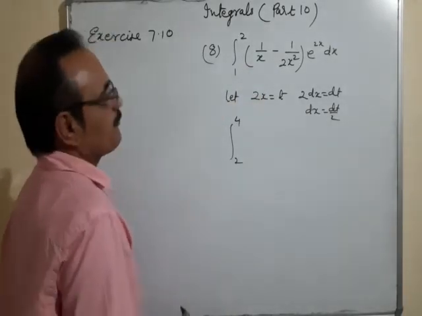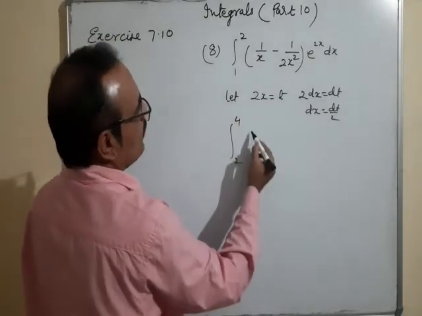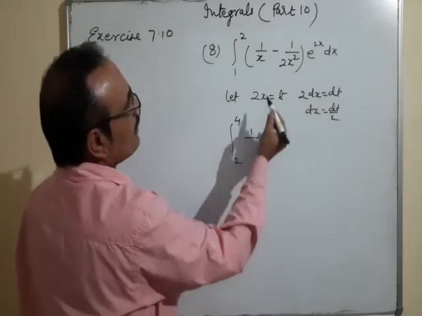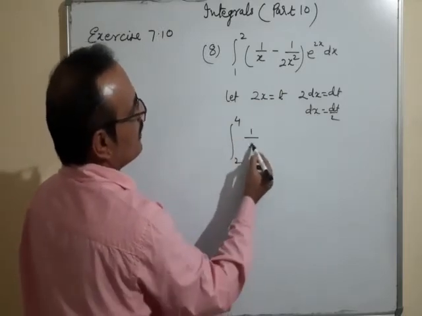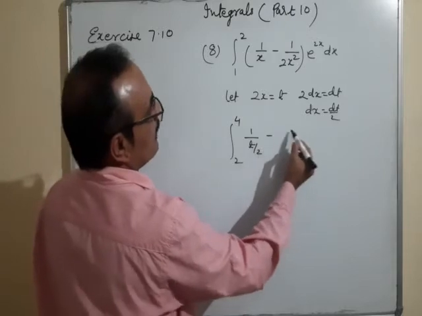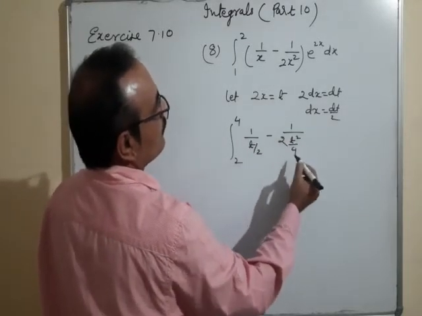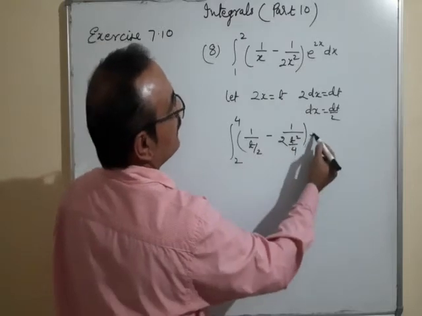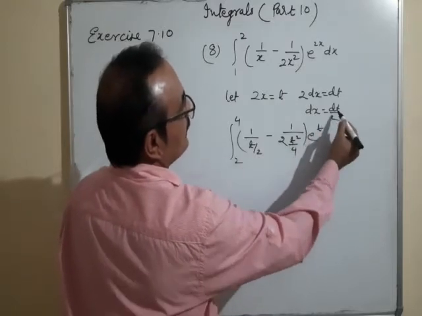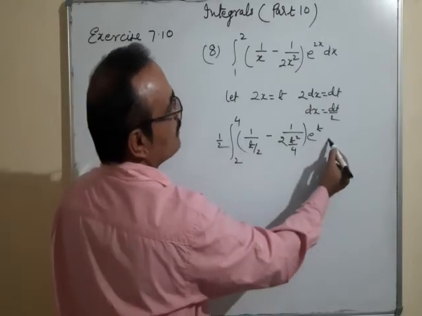1 upon x: what is the value of x? t by 2. So 1 upon t upon 2, minus 1 upon 2x square, which is t square upon 4, and e to the power t, and dx is 1 upon 2 dt.